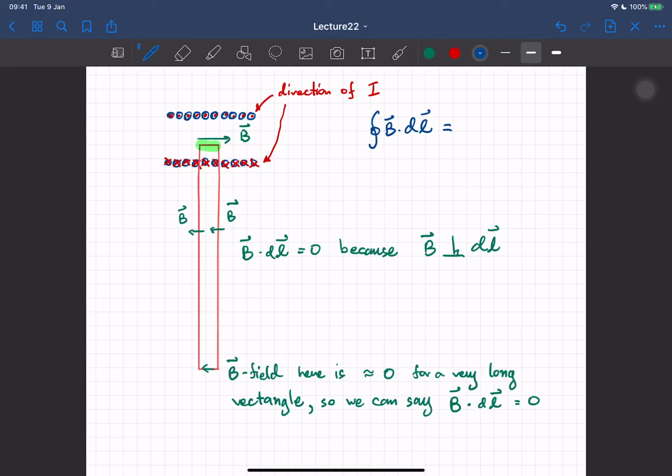So if I choose the length of this rectangle to be L, then B dot dl is just B times L, the length of the top section of the path that I chose. And that's equal to mu 0 times I from Ampere's law.